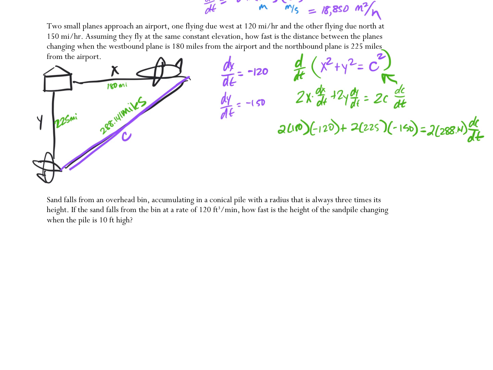Yep, that's what I got. 288.14. 192, is that what you got? We all got 192? It's negative 192. Yeah, it's decreasing as it goes. Negative 192 what? Miles per hour. It's not squared, because in this case, it's distance, it's length.